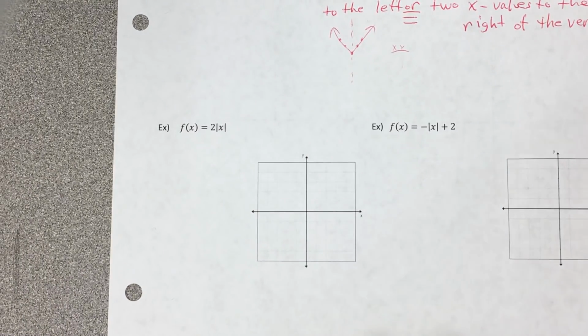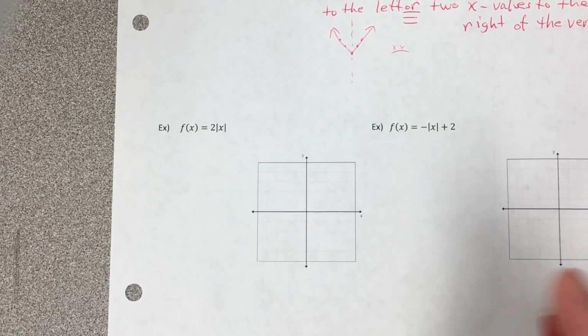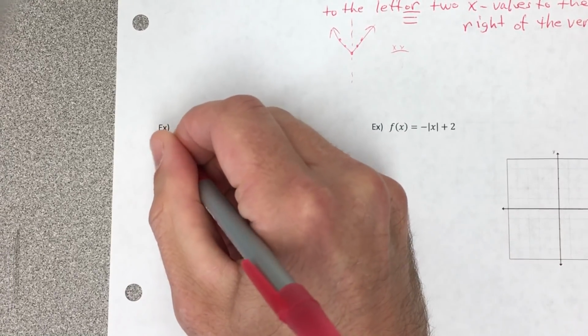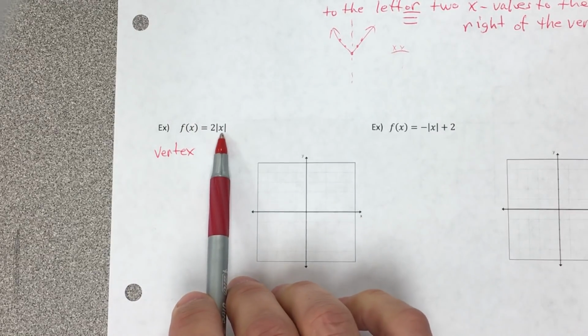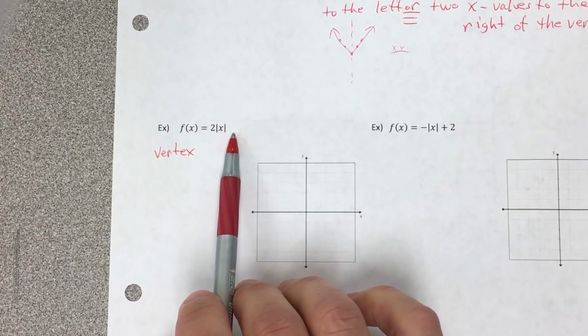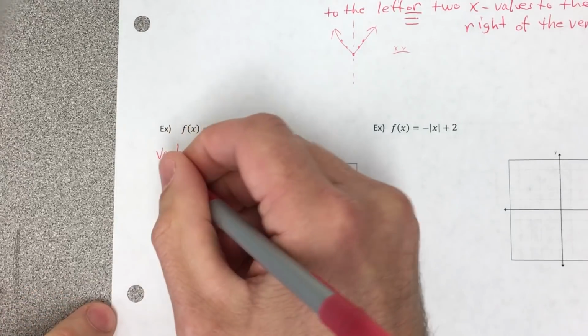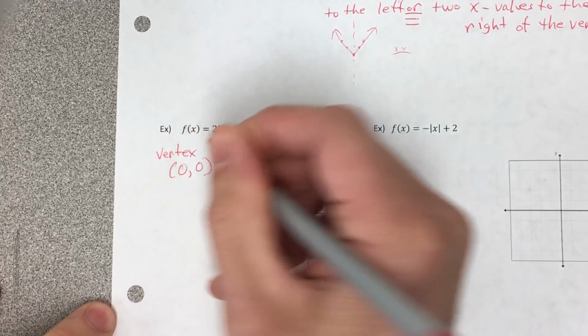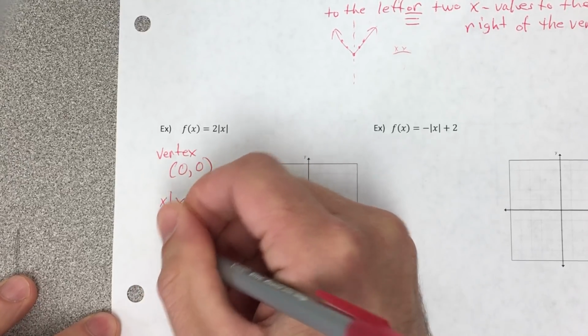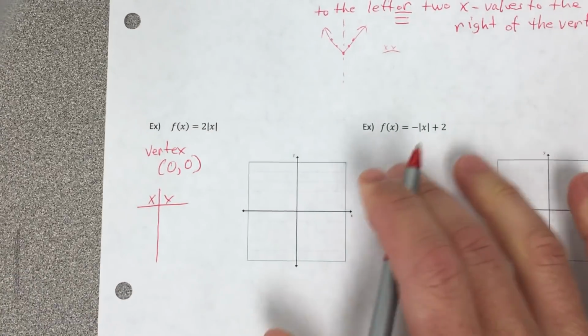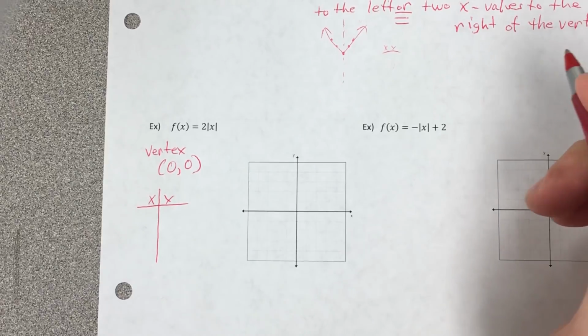For our first one, we've got f(x) = 2|x|. Start off, what's your vertex? Since nothing's being added or subtracted on the inside, nothing's being added or subtracted on the outside, your vertex is just going to be at the origin, (0, 0). Step 2, make a table. Well, before I do that, let's consult our graph here.